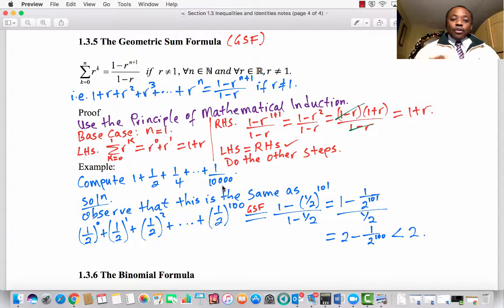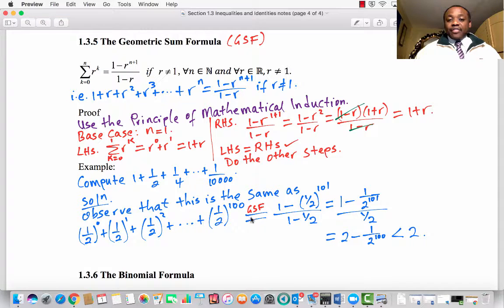All you have to do is observe that I can rewrite this sum as 1/2 raised to the power 0 plus 1/2 raised to the power 1 plus 1/2 raised to the power 2 plus, up to, 1/2 raised to the power 100. So my r is 1/2.